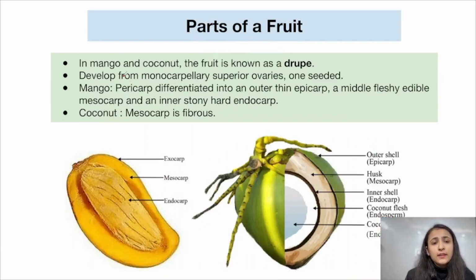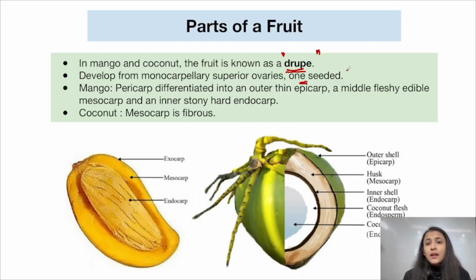Now, in mango and coconut, the fruit is known as a drupe. Okay, note this term. This is very important. You should remember it. What happens in a drupe? Drupe develops from monocarpillary superior ovaries, which are one-seeded. Okay, so monocarpillary means only one carpel is present. Superior ovary means that the ovary occupies the highest position.